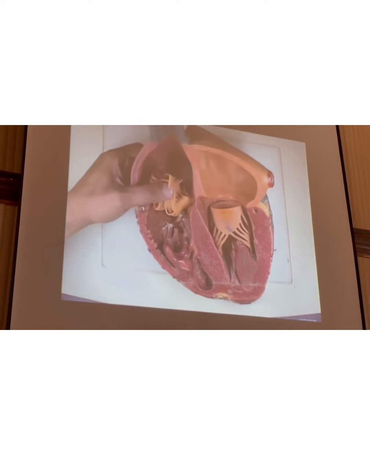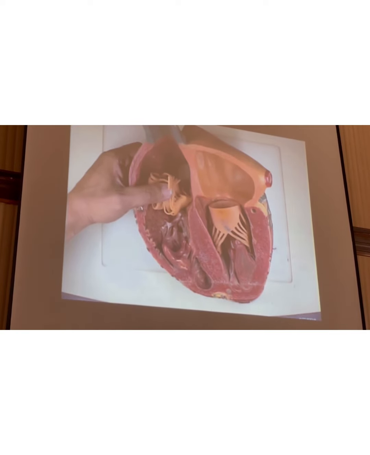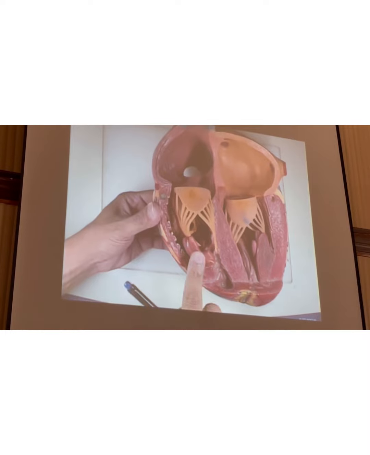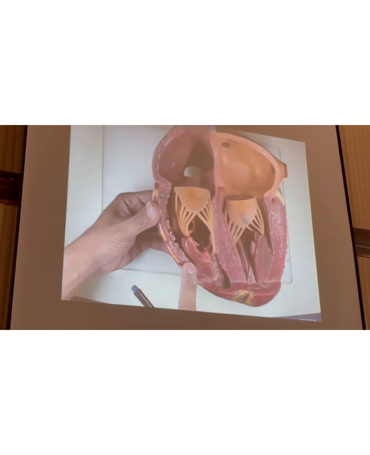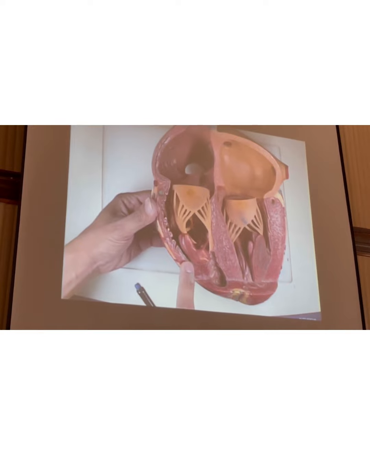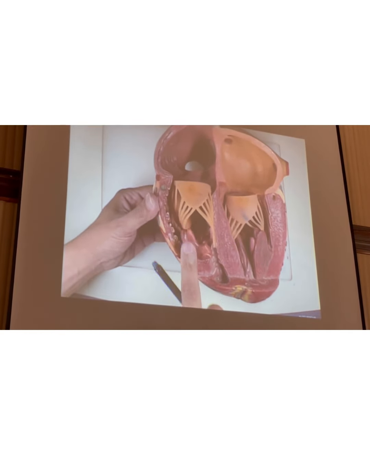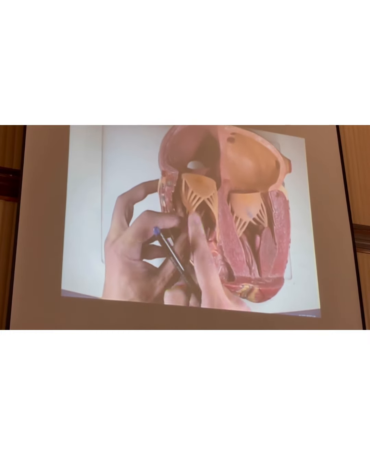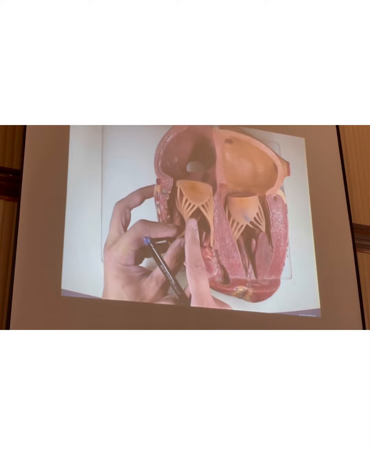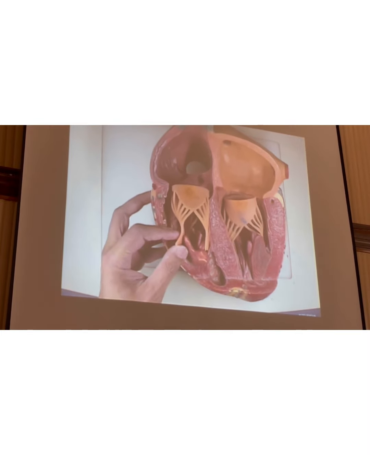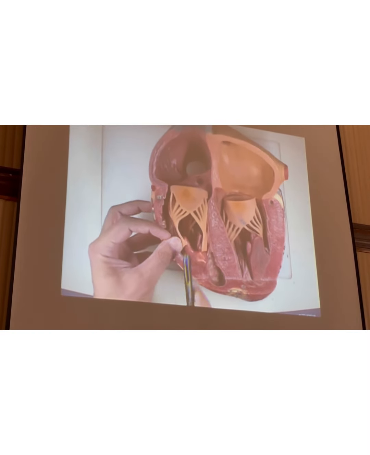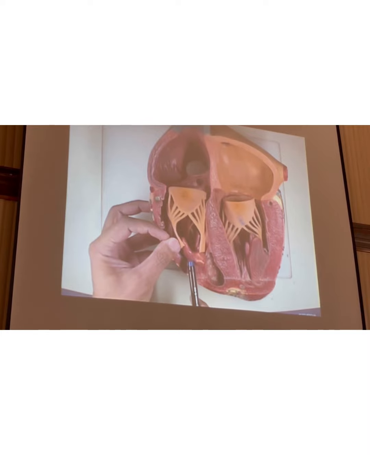In trabeculae carneae, we said that there are three forms. We have the papillary muscle. You see, it is attached to the wall of the ventricle from its base. The apex of the papillary muscle is attached to cord-like structures called chordae tendineae.